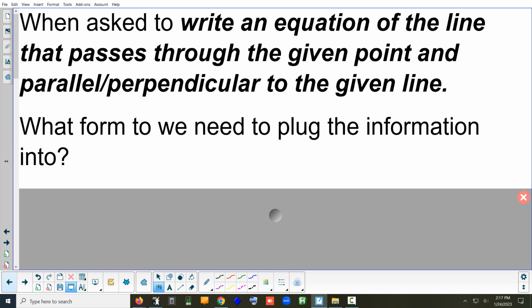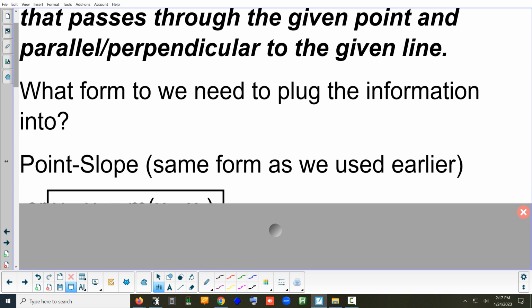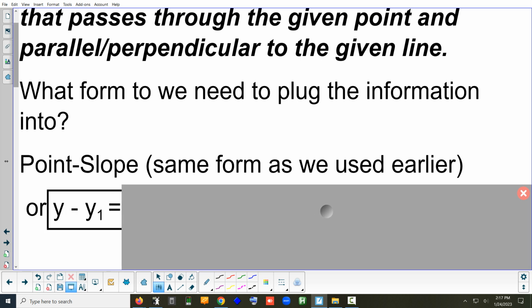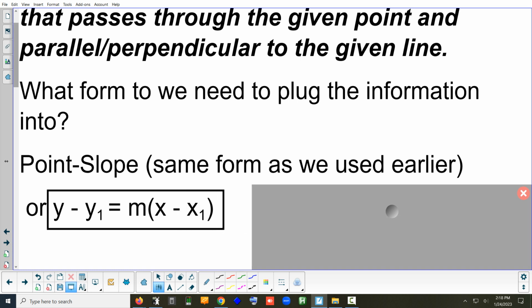Does anyone remember what it looks like? y2 minus y1? Or x2 minus x. Oh, you're thinking of the formula for slope. Okay, good. It's a little different, but it does have y1s and x1s. It has a y1 and an x1. Y minus y1 equals m, parentheses x minus x1. Perfect.